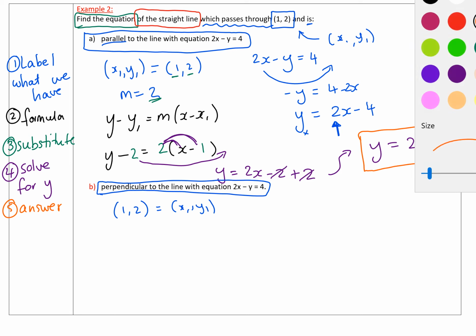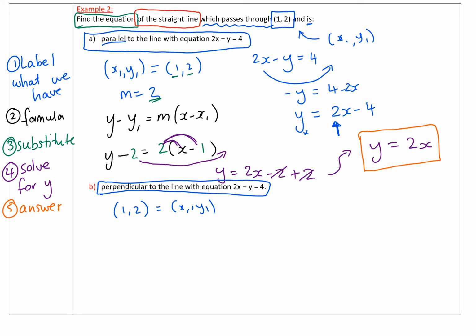So looking at what we did before, we needed to find this equation in terms of y equals mx plus c before we could label our gradient. So minus y equals minus 2x plus 4, and if I multiply everything by negative 1, y equals 2x minus 4.